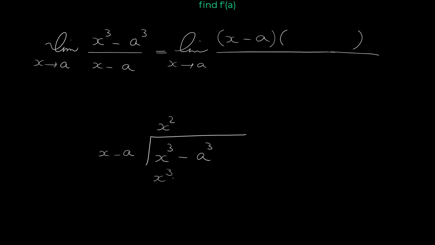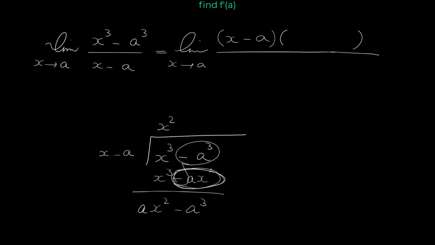X to the 2 times a is ax to the 2. Now we have to subtract these two from each other. If we subtract x to the 3 from x to the 3, they cancel. And if we subtract this from this, it is going to be positive, so it's going to be ax to the 2 minus a to the 3.